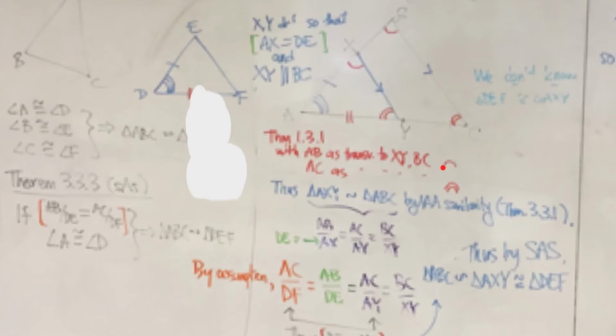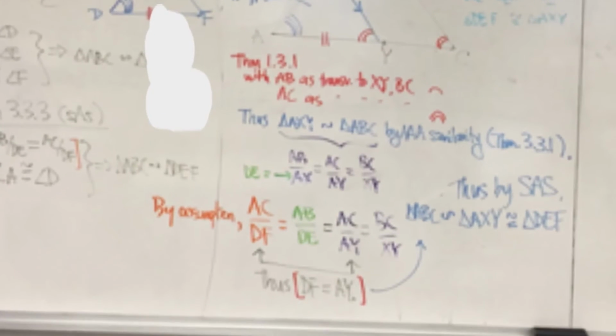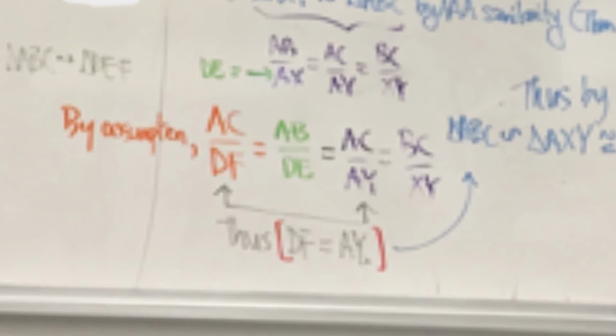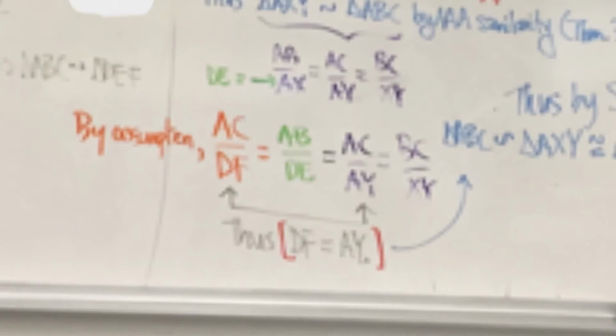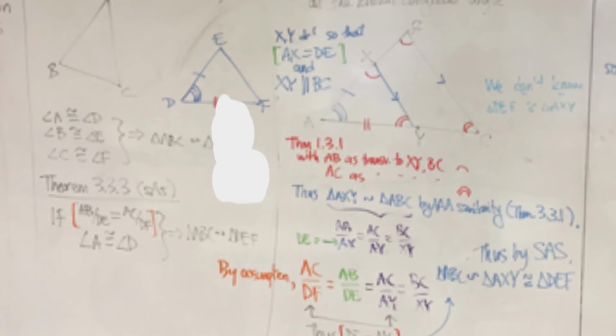In that set of four equalities, we notice that two of those ratios have the same numerator. They both have AC. And because they both have AC in the numerator, the two denominators must be equal. That guarantees that DF is equal to AY, and that allows us to say that those sides are congruent.